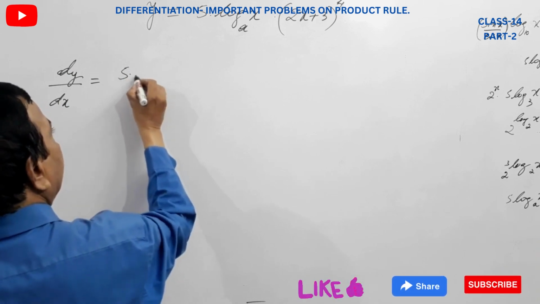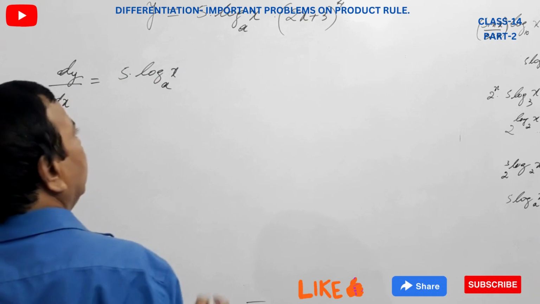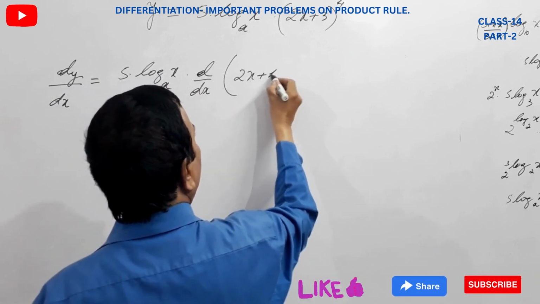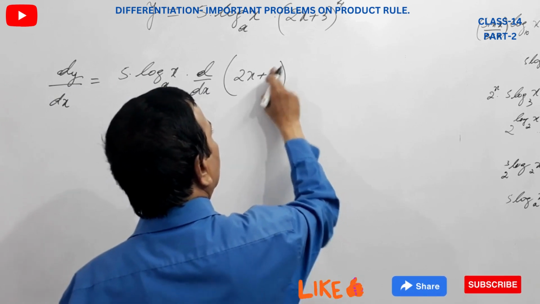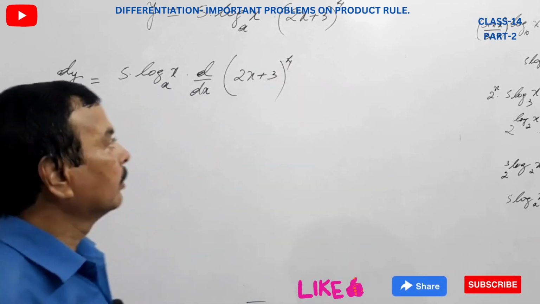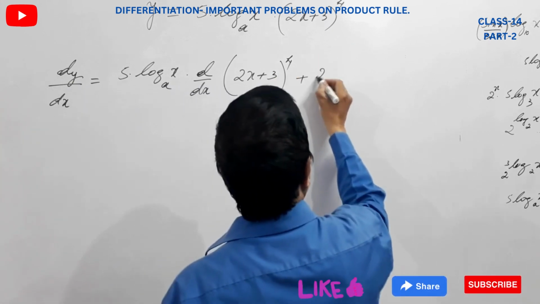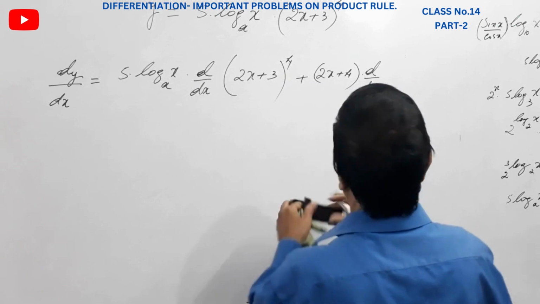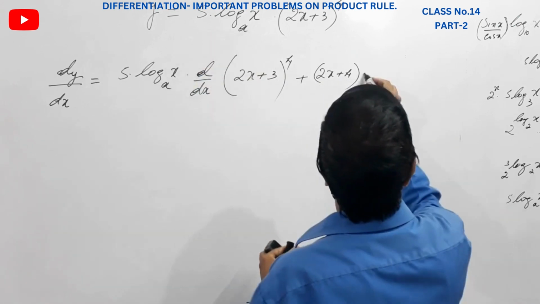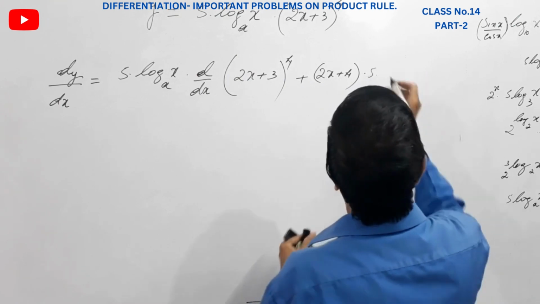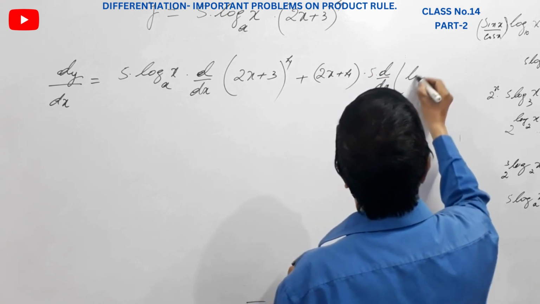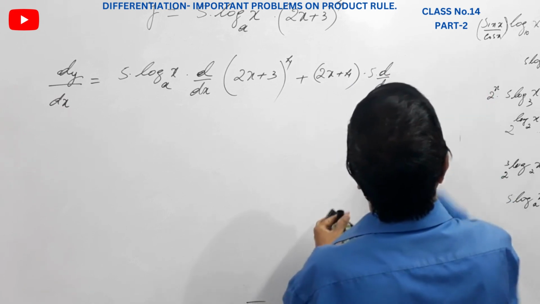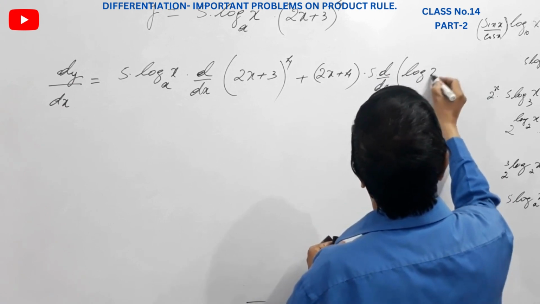First keep this as it is, 5 log x to base a into d by dx of 2x plus 3 whole to the power of 4, plus, I'll keep this as it is, 2x plus 3 to the power of 4 into d by dx of, I take this 5 outside, 5 into d by dx of log x to base a.